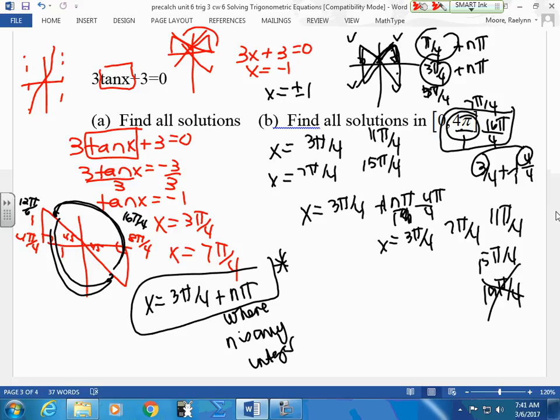But the period for tangent is only pi. So this is my answer for all solutions. So I only have to take that one and figure out in fourths, what do I add for pi? In fourths, 4 pi over 4. You're just converting your denominator to make your numerator add easier. Okay? Makes sense?